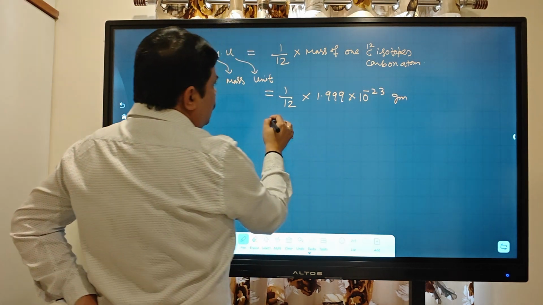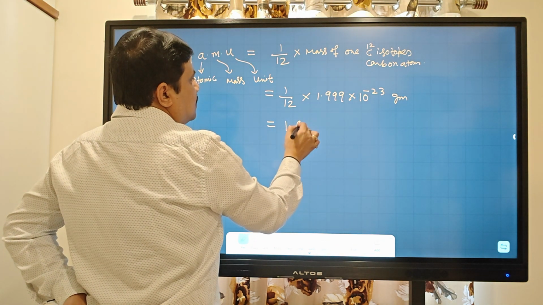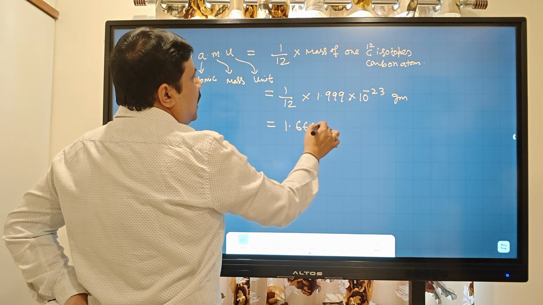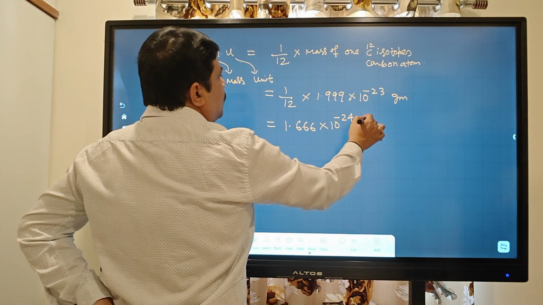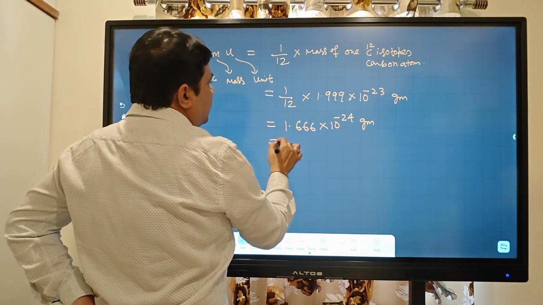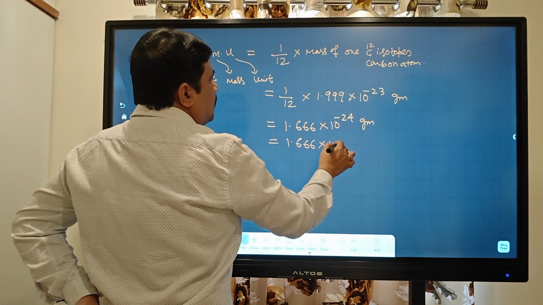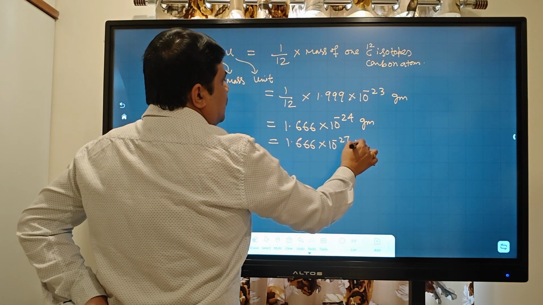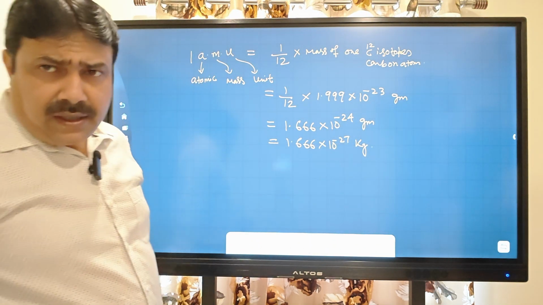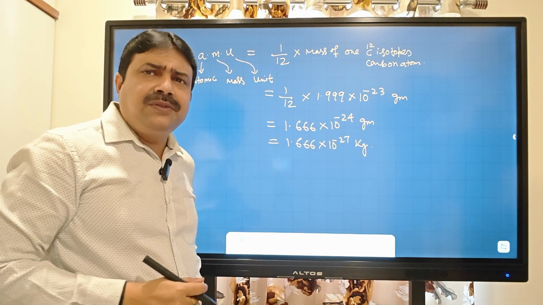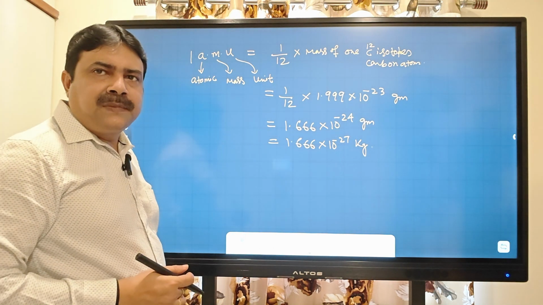Now if I calculate this, finally it comes to 1.66 into 10 power of minus 24 gram, which is nothing but 1.66 into 10 power of minus 27 kg, because gram to kg means divided by 1000. Yes or no? Very simple.